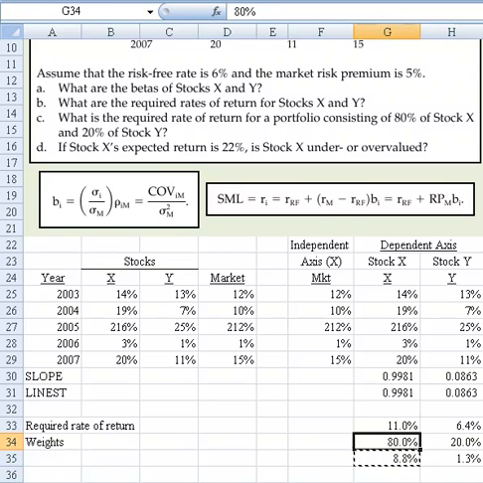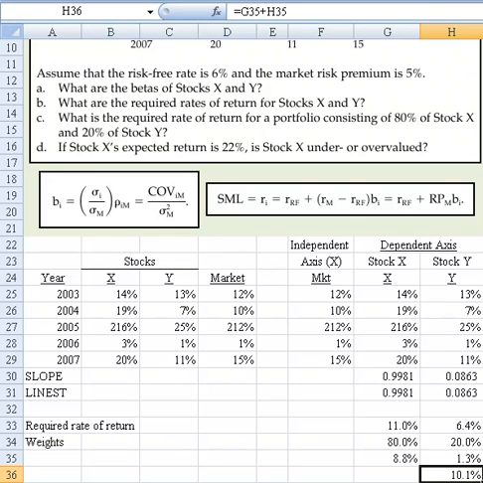Well, since that's an 80% weighting and a 20% weighting, if we add those together, which I'll just do right here, we'll take the 8.8 plus the 1.3, and so the answer to part C, the required rate of return of a portfolio consisting of 80% stock X and 20% stock Y, would be 10.1%.